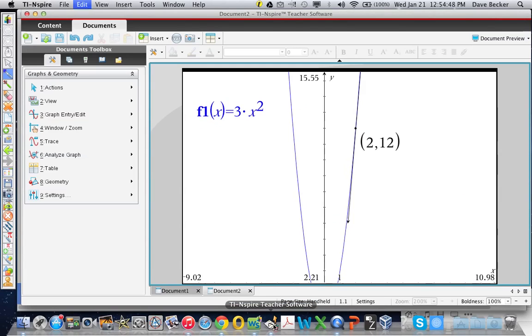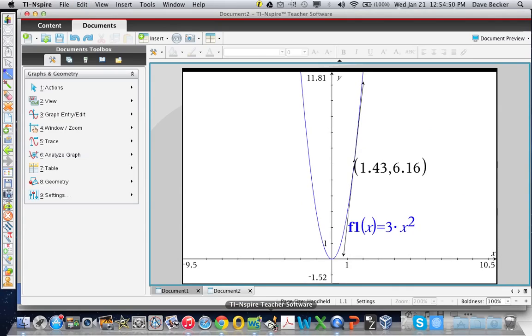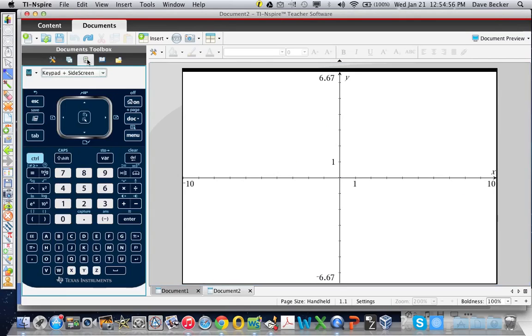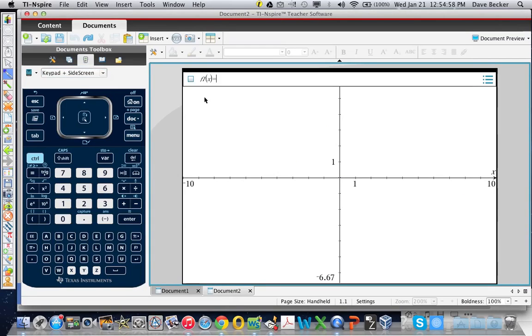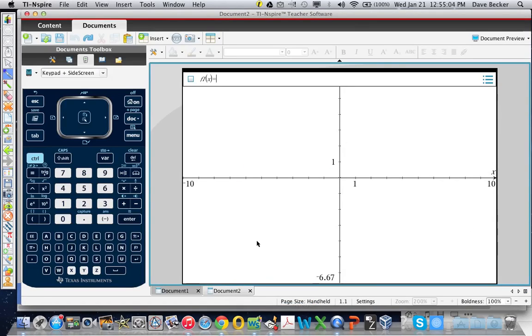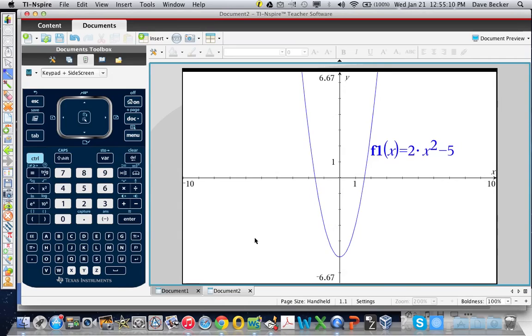So we'll get rid of all this, and we'll put in the original function. It is 2x squared minus 5. So it looks like that.